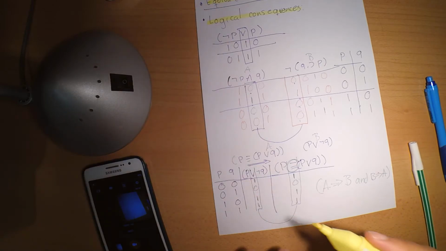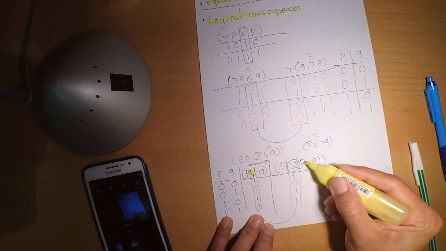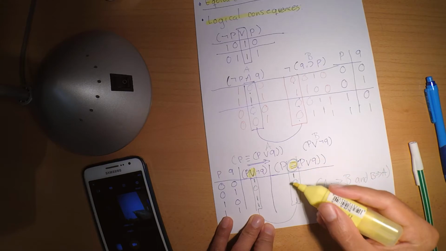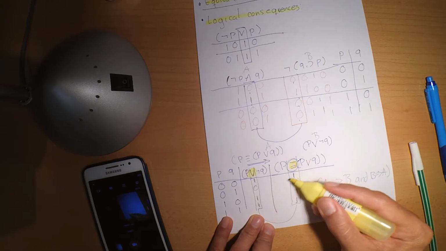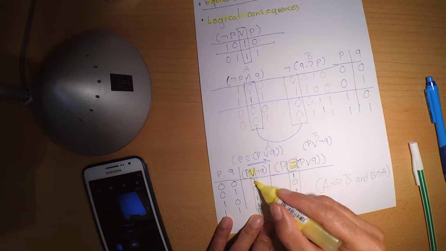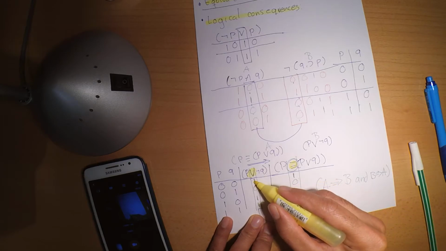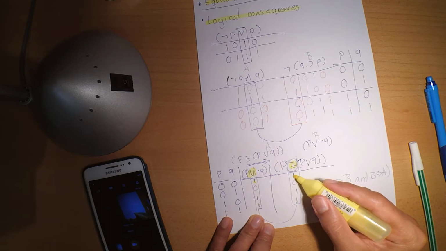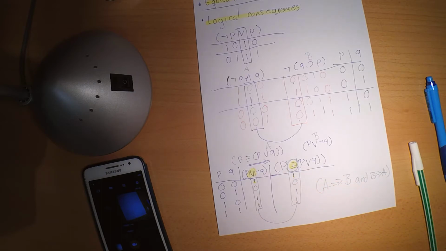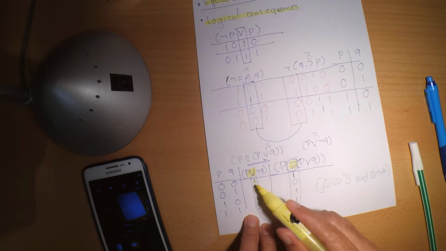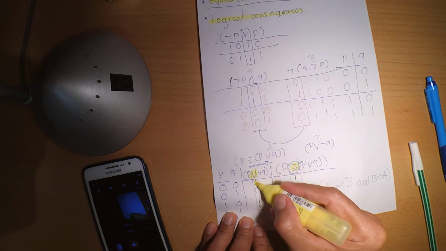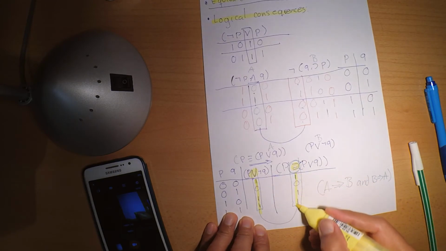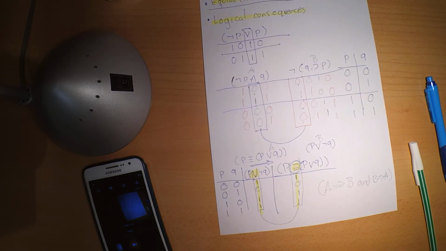Remember that the final answers are going to be placed here and must be equal or have the true values in the same row. If this row is not the same as here, that is not a logical consequence, because just with one element different it is not a logical consequence. But here we have exactly the same in the same rows.